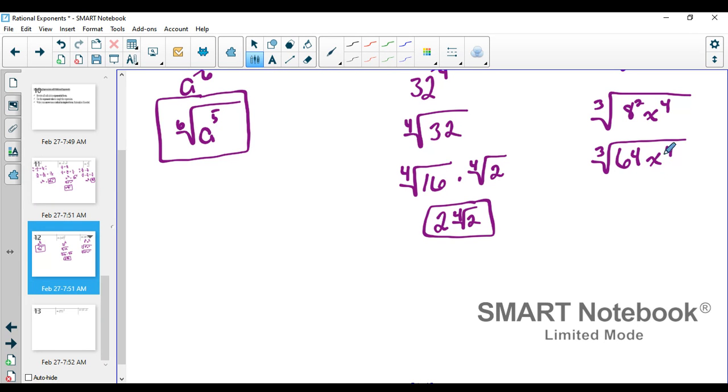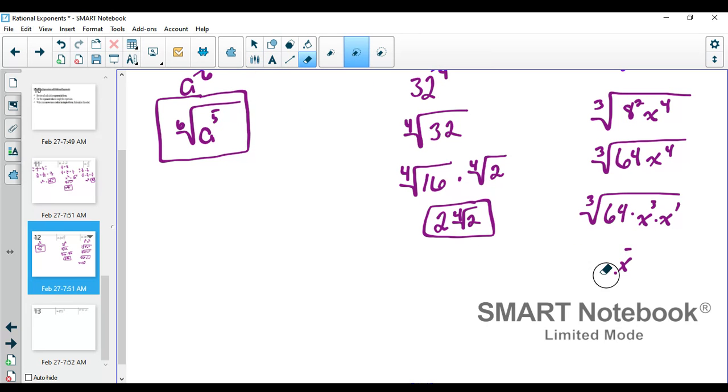But we're going to talk about this x to the 4th first. So we have the cube root of 64, and then x to the 4th we're going to split up into x cubed times x to the 1st power. So the cube root of 64 is 4, and then 3 divided by 3 is x, and then we're left with this x to the 1st power. So then you have the cube root of x. And that's really badly written.